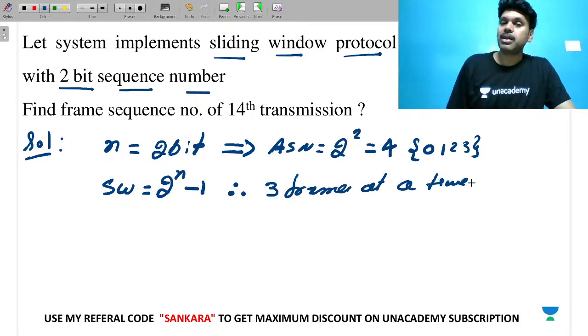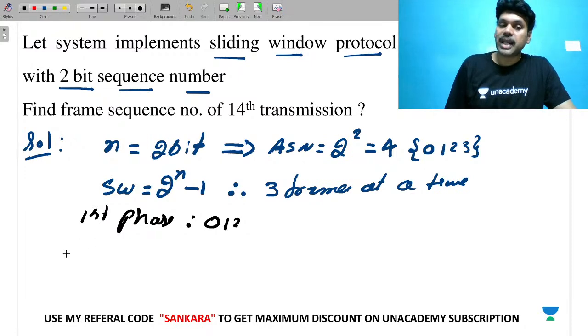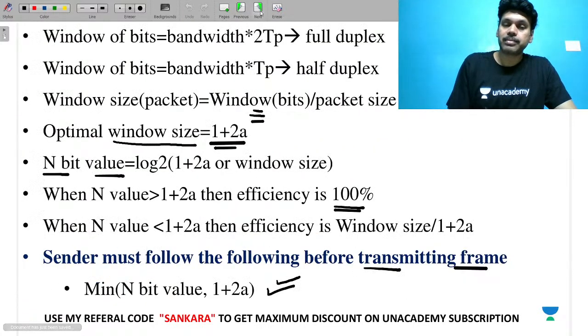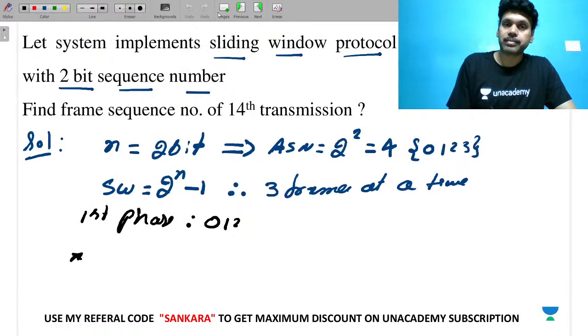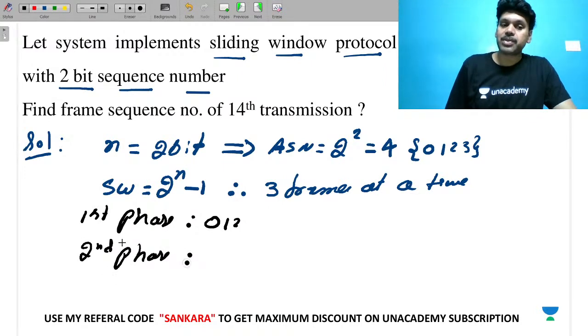Now tell me, the sender can initially, in the first phase, transmit 0, 1, 2 only. Next, second phase: he is going to transmit the next 3 frames, because every time you can transmit only 3 frames.